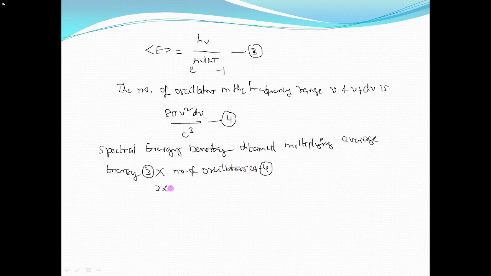So we'll multiply equation 3 and equation 4 to get spectral energy density.